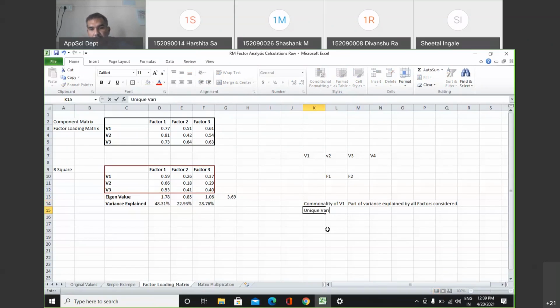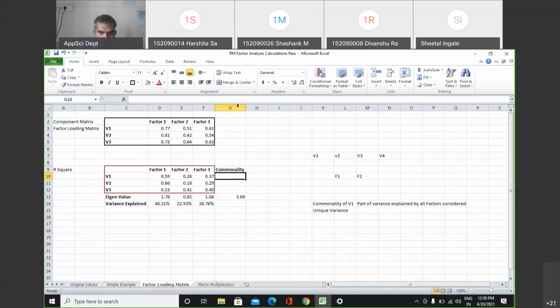Similarly, there will be commonality of V2, or common variance of V2, and unique variance of V2, which is not explained by F1 and F2. So for commonality, to find it numerically, we do a simple addition of these. These are already squares of the factor loading, and we are just adding this.